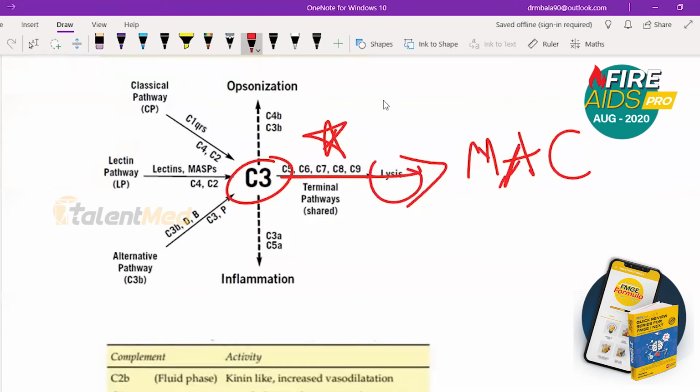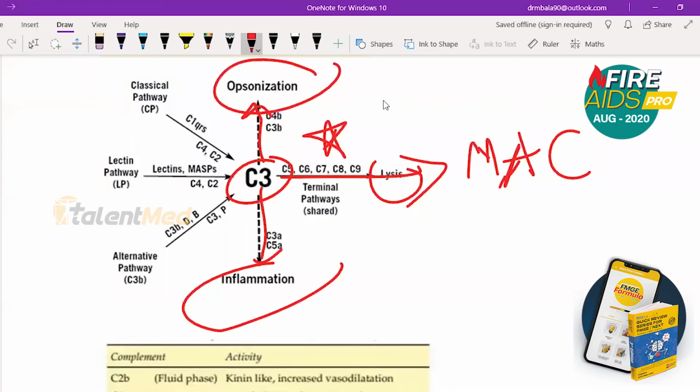Or this C3 can be directly involved in inflammation. Or C3 is tagging, so opsonization, so that other cells can go and attack them. So this C3 is the central player, the key player of this complement system. That MCQ you must remember very well.